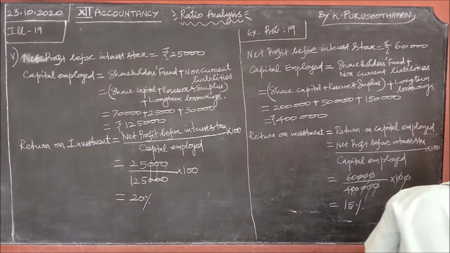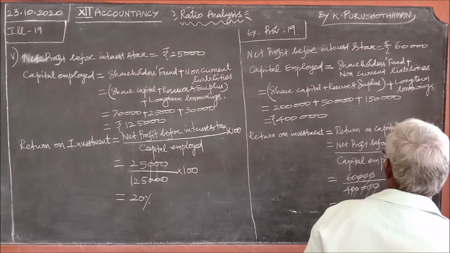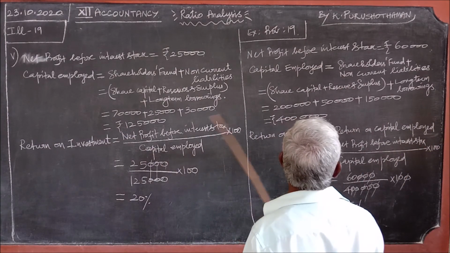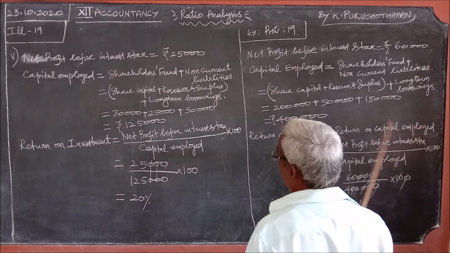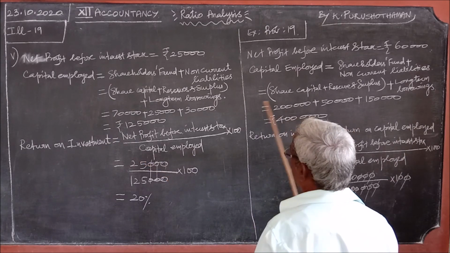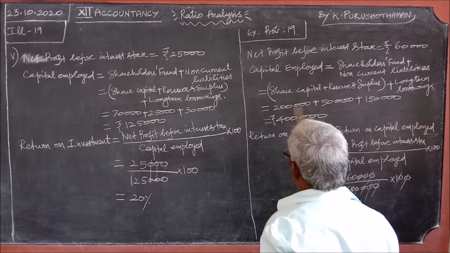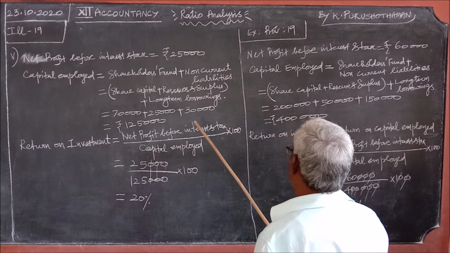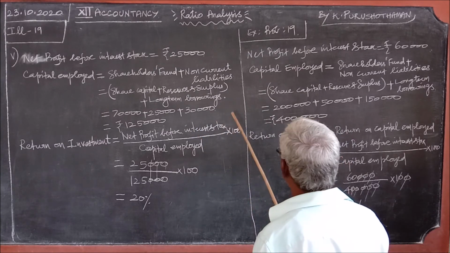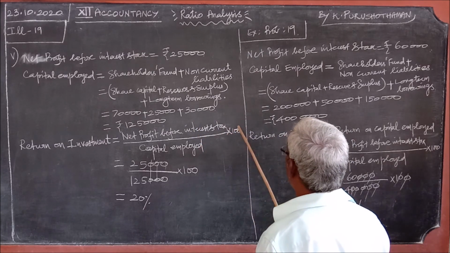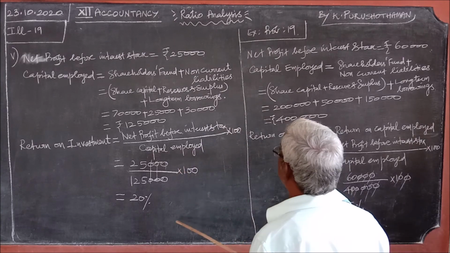So what we have discussed is return on investment. Return on investment carries another name, return on capital employed. Both are one and the same. In both cases, the formula is net profit before interest and tax divided by capital employed into 100.